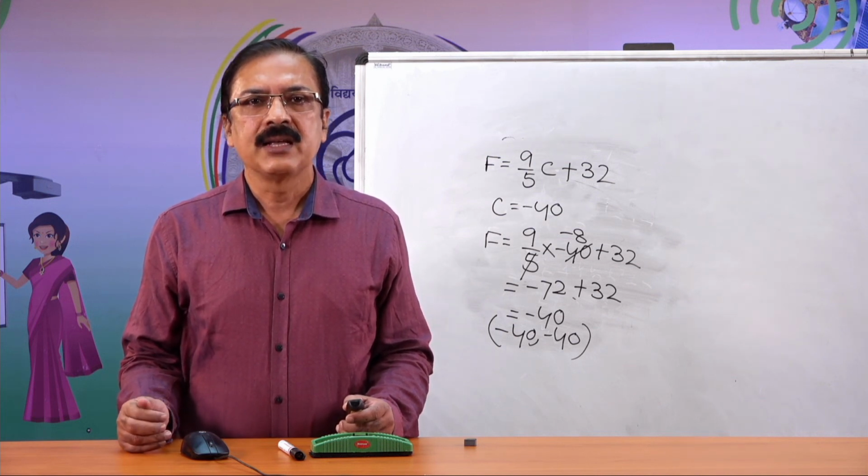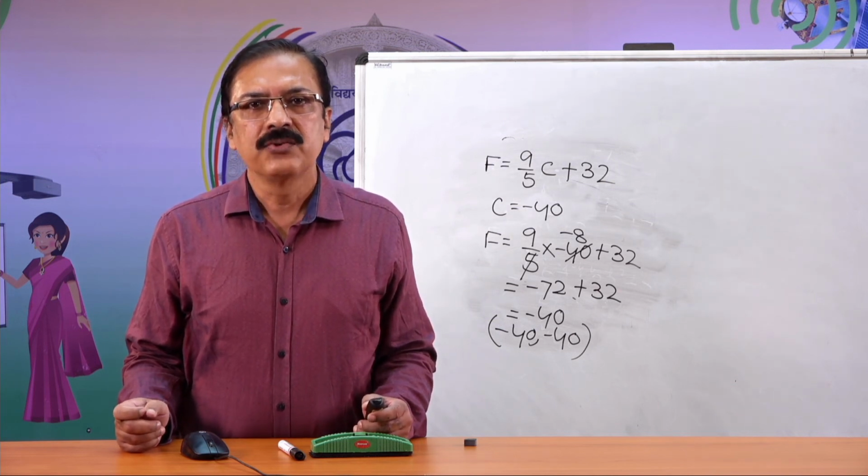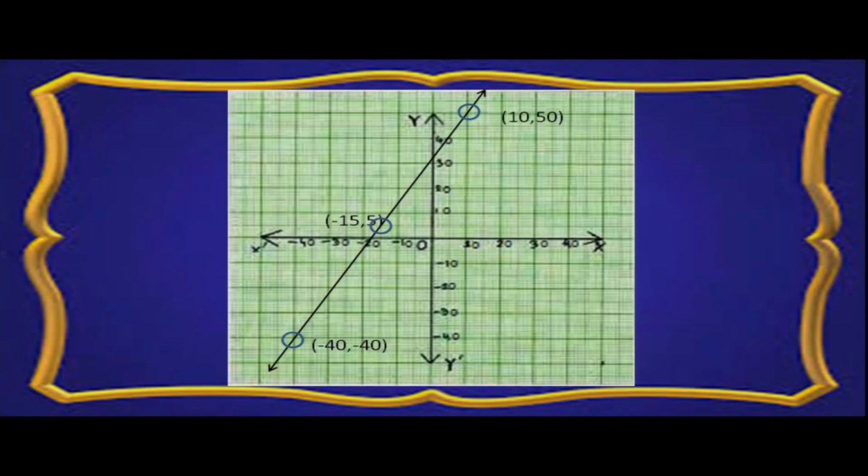As this is a linear equation, joining these points gives a straight line. As the graph of this equation is a straight line, equations of the form ax plus by plus c equal to 0, where a and b are not both 0, are called linear equations.